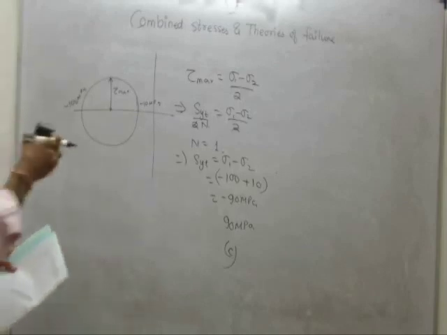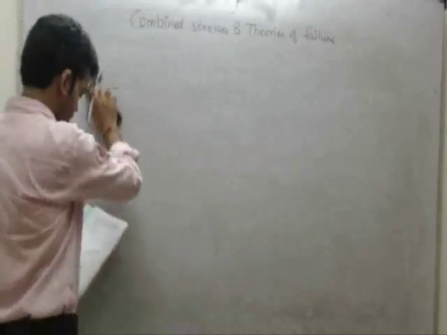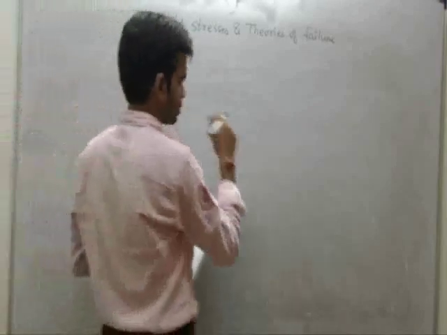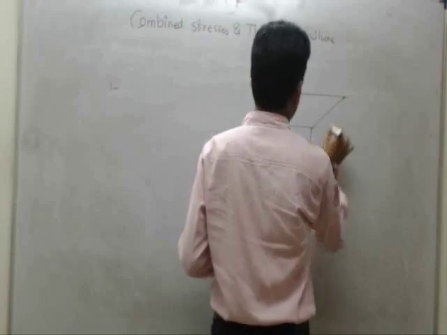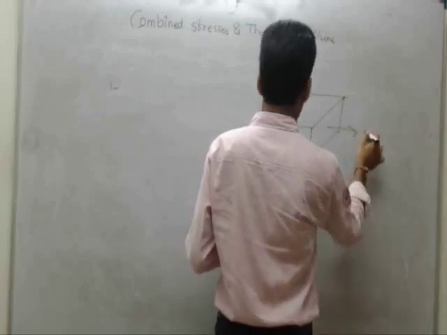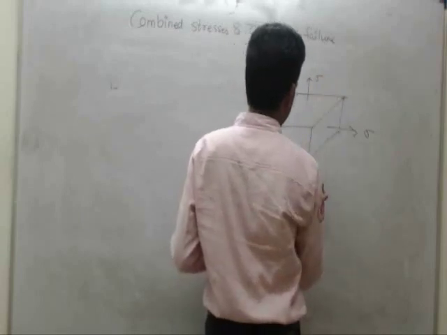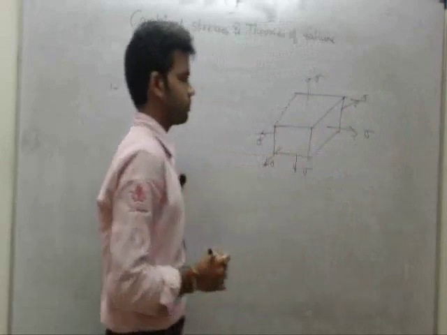For the state of stress shown in figure, which of the following theories of failure should be used? So we have a state of stress given in this figure. A spherical state of stress, magnitude is same in each and every direction.